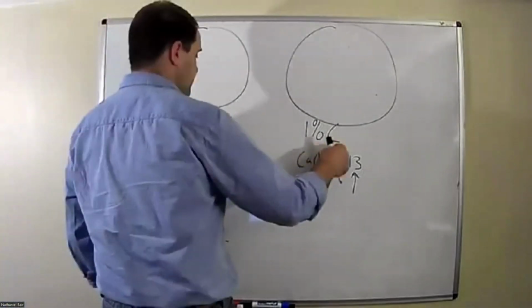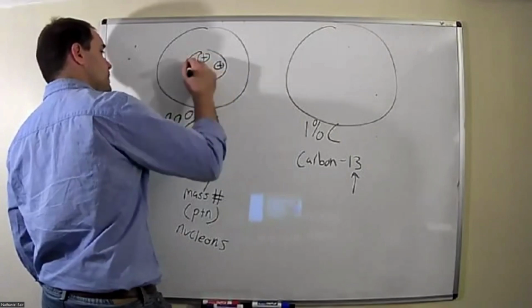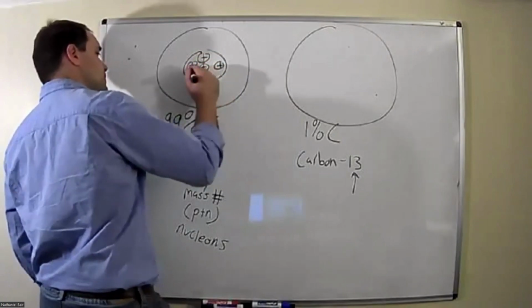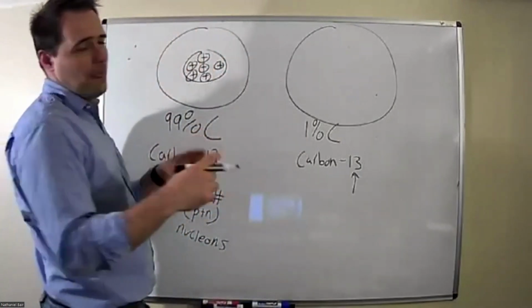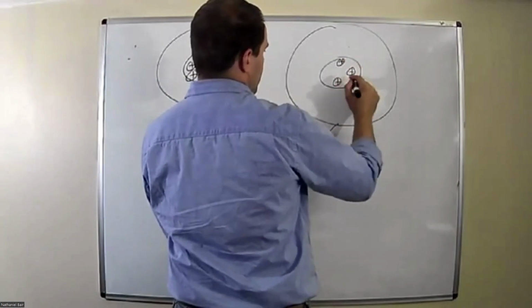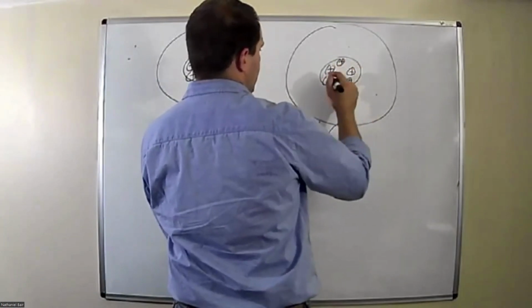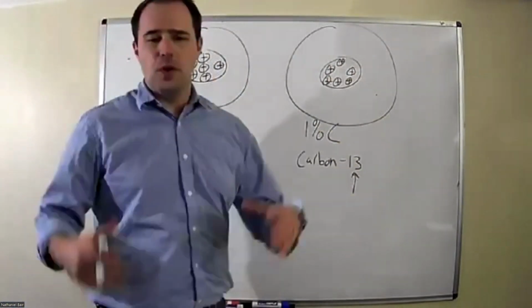So they have to have 1, 2, 3, 4, 5, 6 positive things living in the nucleus. Obviously, that nucleus is not drawn to scale. This carbon has also got to have 1, 2, 3, 4, 5, 6 positive things that live in the nucleus. That's what makes them both carbon atoms.